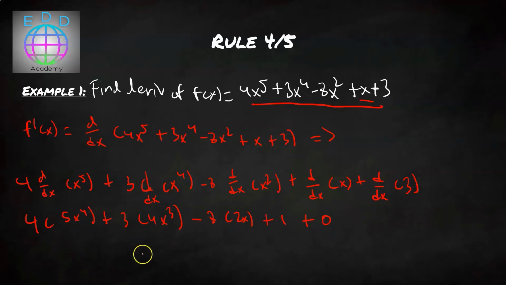Multiplying these out and combining like terms, we have this term as 20x to the 4th plus this term is 12x cubed. This term here is minus 16x. And then we finally have the plus 1 at the end. This is our derivative.